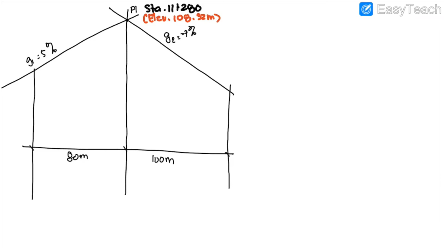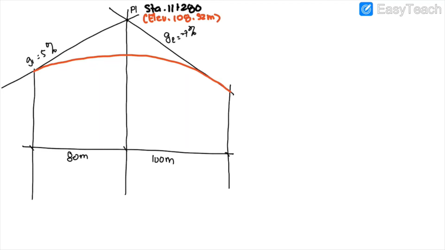Okay, find the elevation and the station of the highest point in the curve. So for us to do that, we need first to identify the highest point of the curve. Highest elevation on the curve. So gawin muna natin yung ating curve. So more or less, that is your vertical curve.